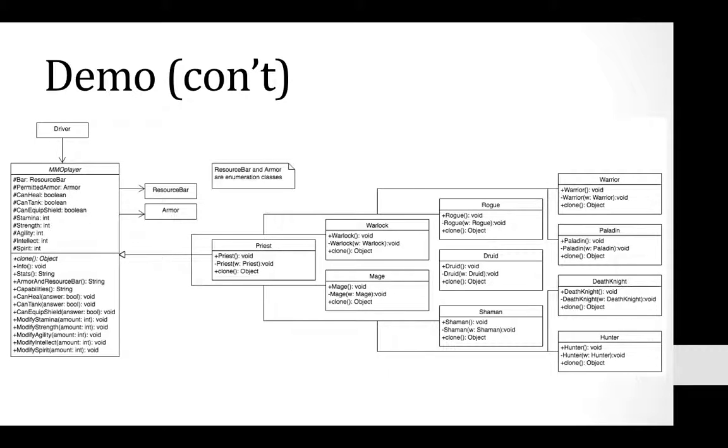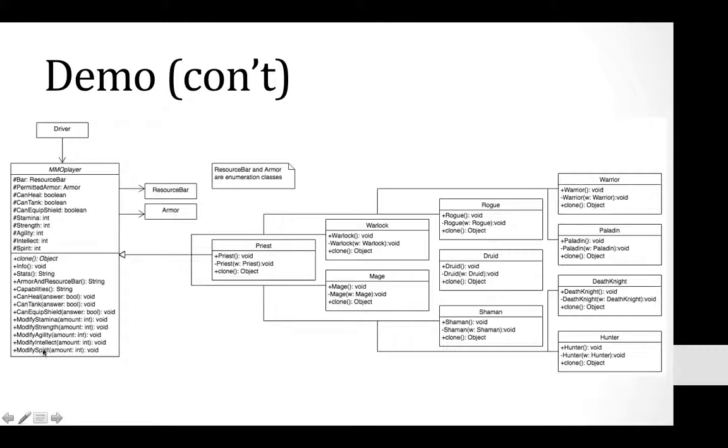And here is the UML for my demo. So here we have the driver, which is the client, and this is the interface. These are all the variables that all classes have. Here's the clone that's required.